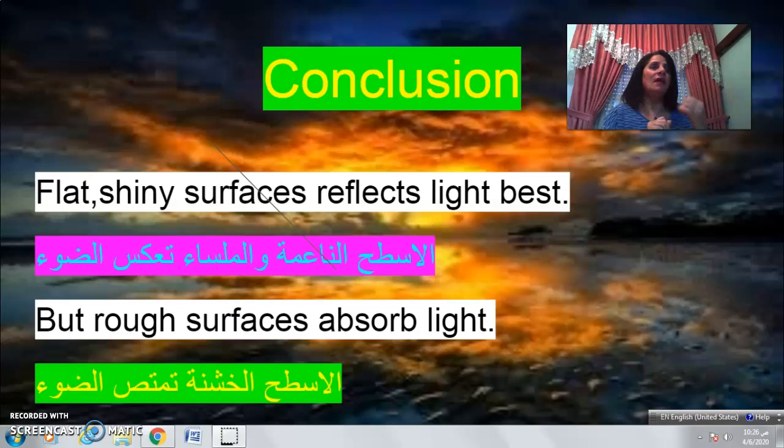They reflect light best. But rough surfaces absorb light. As we said, wood, paper, stone, anything that is rough will absorb light. So when it absorbs light, it will not reflect light.